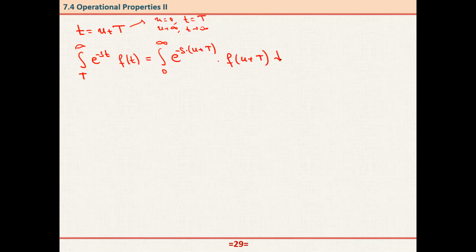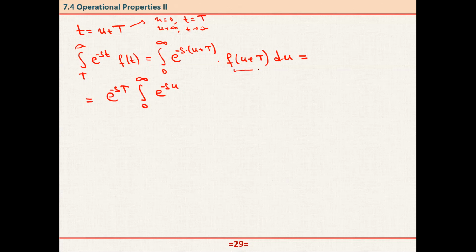That is equal to, du. This thing is equal to, here we have e to the power minus sT. It has nothing to do with u, right? We can just take this out. So here we have e to the power minus s capital T. Here we have integral from 0 to positive infinity, e to the power minus su.